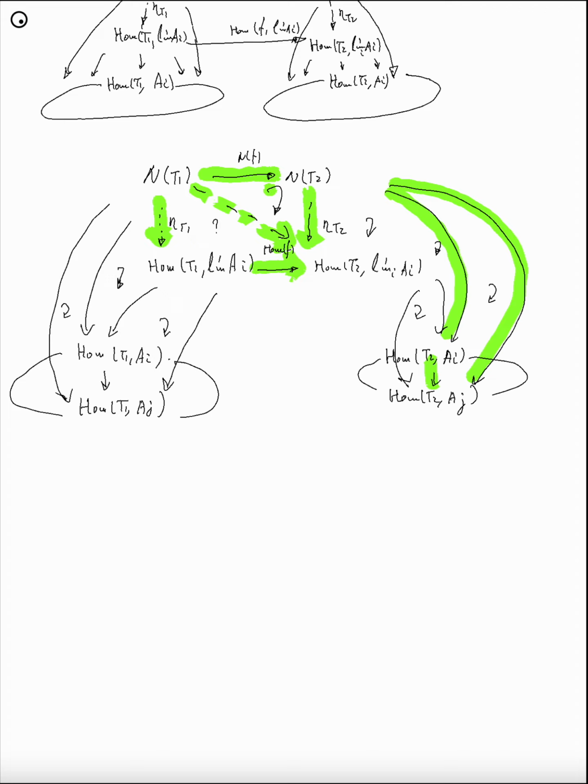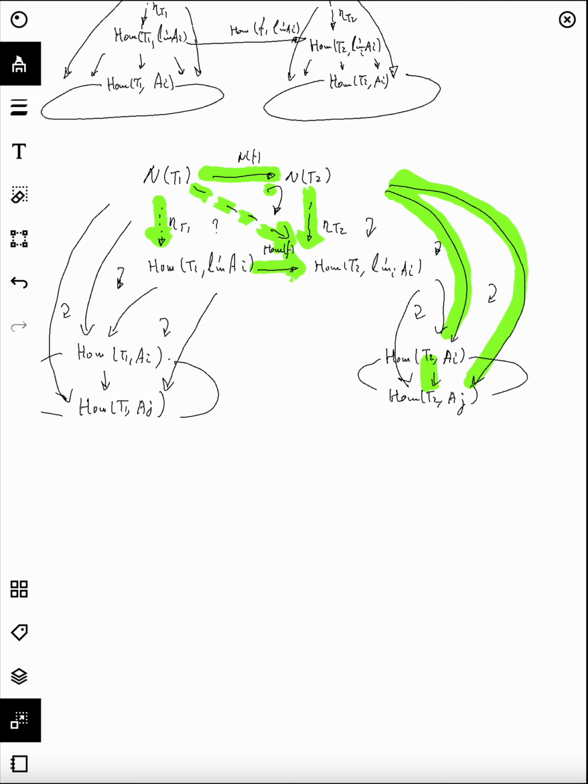Now the commutative diagram you want to check is this. This is what makes the diagram commutative.